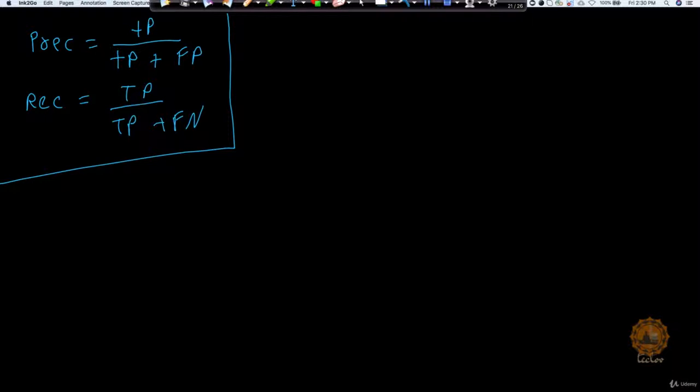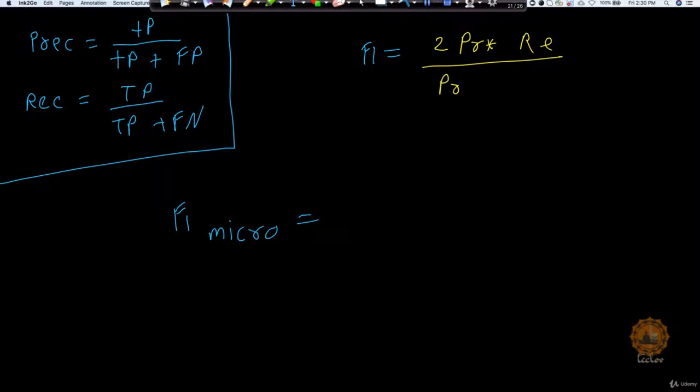The difference comes in if I have to calculate, let's say, F1 micro. Recall my simple F1: it was nothing but 2 times precision into recall divided by precision plus recall.